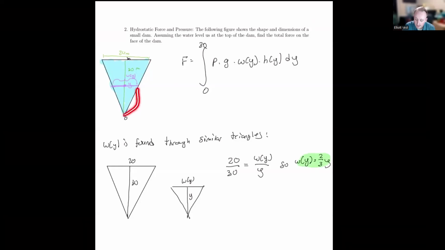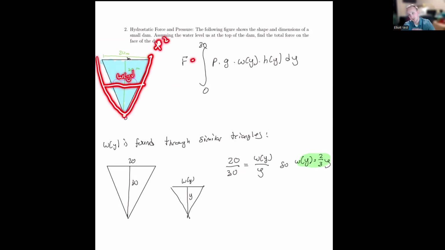Sometimes you'll have an even more wonky dam, something like that. So your width of y might be more dependent on how we define the side here. Say this was a parabola determined by x squared or something like that.